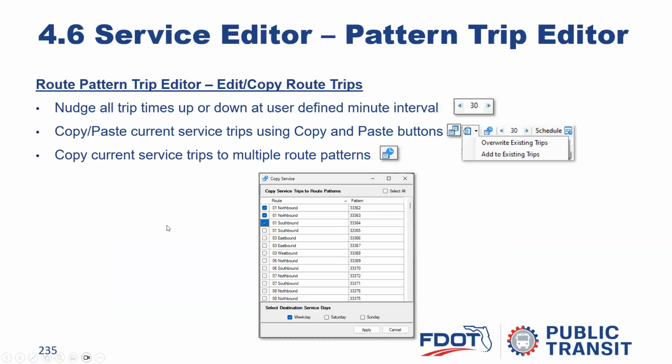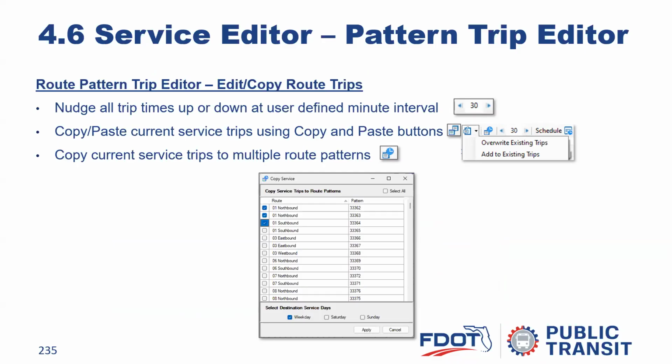Okay, some other tools that are available, and this is a very handy tool. It's called the nudge tool, where you nudge all trip times up or down at a user-defined minute interval. So basically, as you define whatever interval you want, it will push up or down all of the trips that are on your pattern. So rather than having to move them all individually, it will just nudge them all.